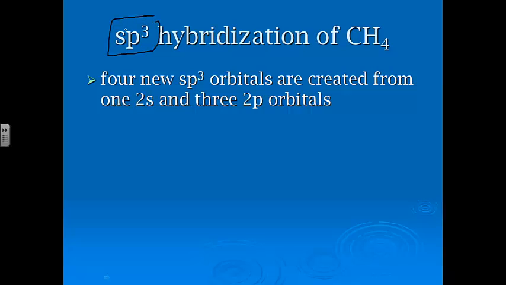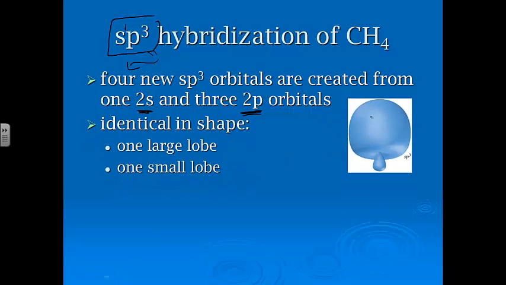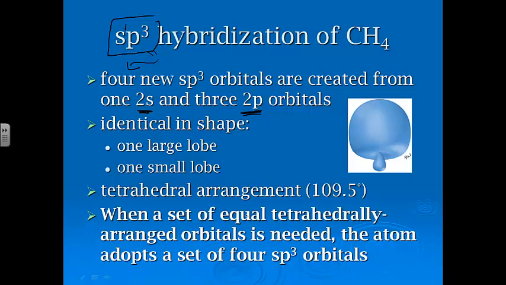Now what I want you to do is recognize that if we think of this as 1 plus 3 is equal to 4, you're going to see a pattern here as we go through these hybrids. So for the 1 2s and the 3 2p orbitals that are utilized in carbon, we end up with this new hybrid shape, and it looks like one large lobe and one small lobe.